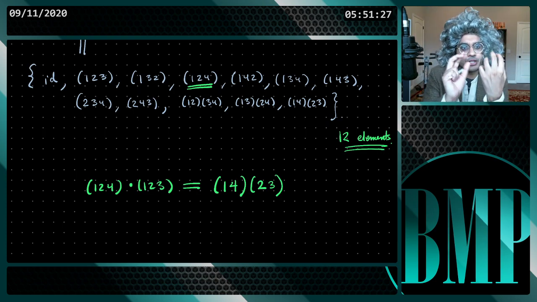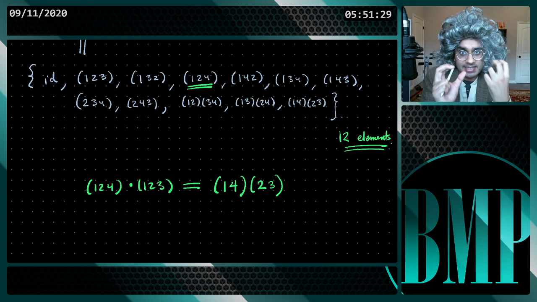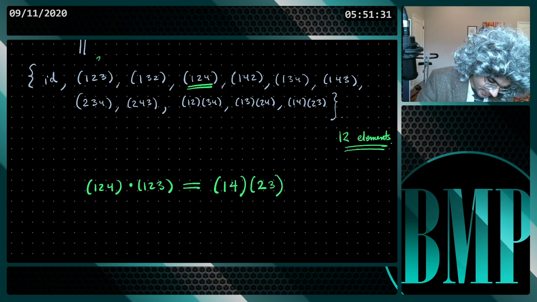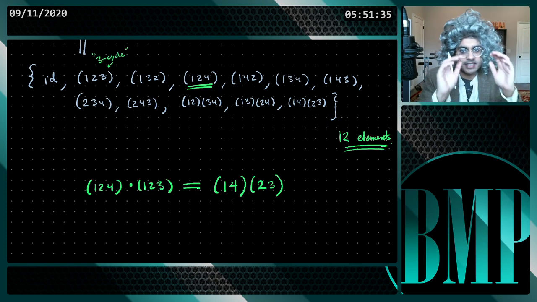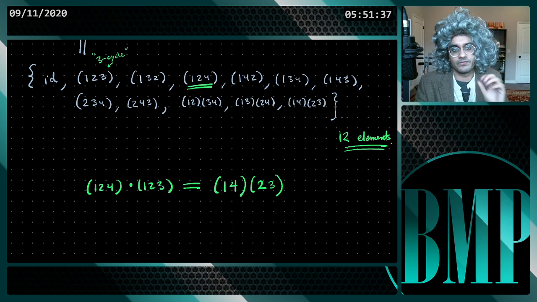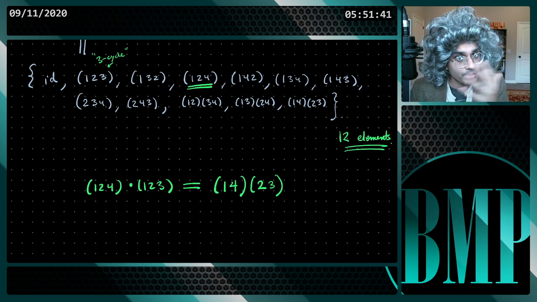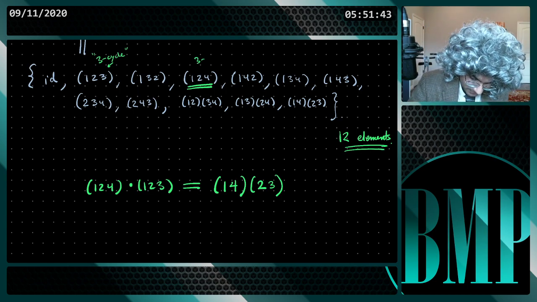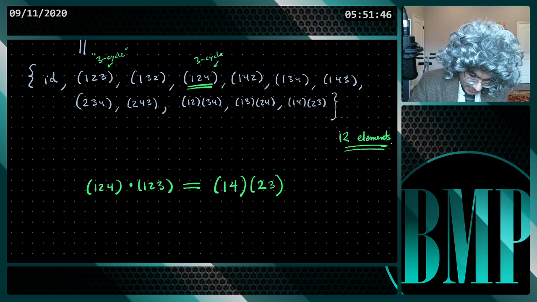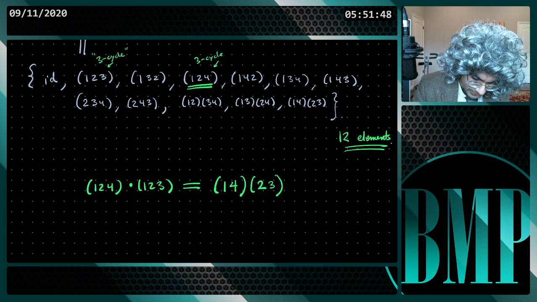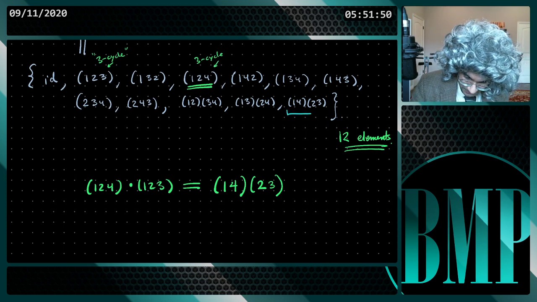You can multiply 2 of these 3 cycles. This is a 3 cycle because it's a cycle that has 3 things in it. It's a good naming system. You can multiply 2 3 cycles, and you can end up with one of these 2 plus 2s.